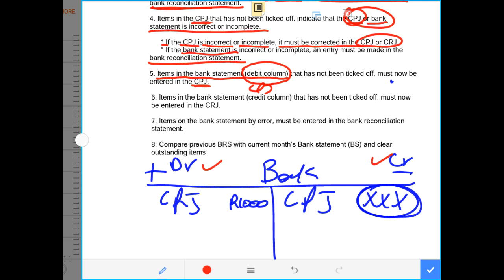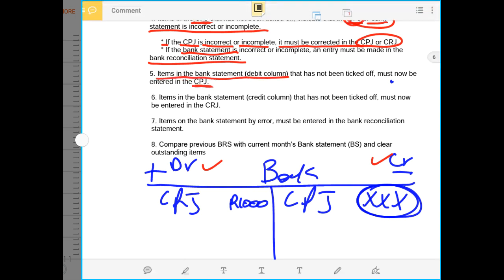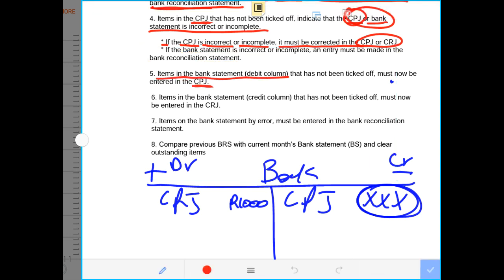Therefore, the correction will need to be made in the bank reconciliation statement, because not all amounts on the debit column of the bank statement are amounts that were supposed to be in the cash payment journal. You'll see that later on when we do exercises that reach that level, but I want to emphasize it now.